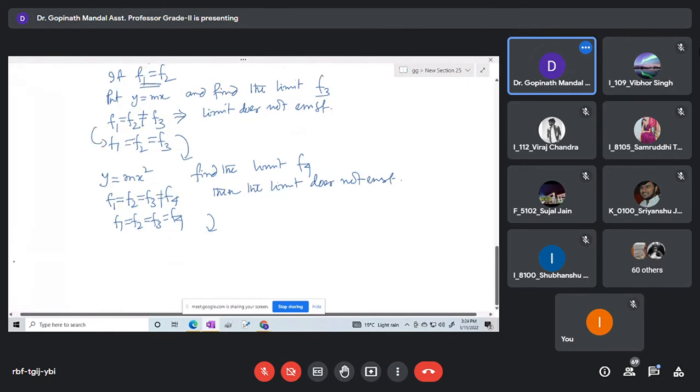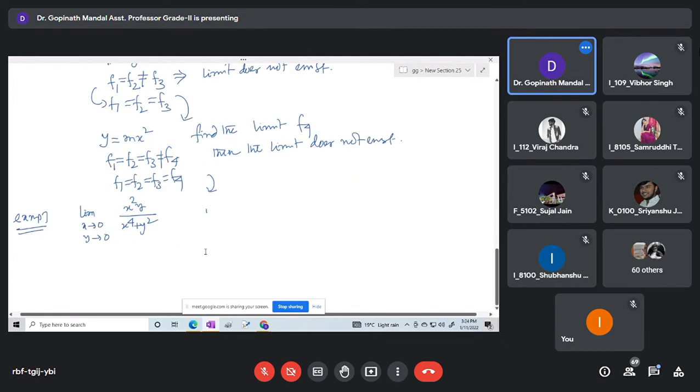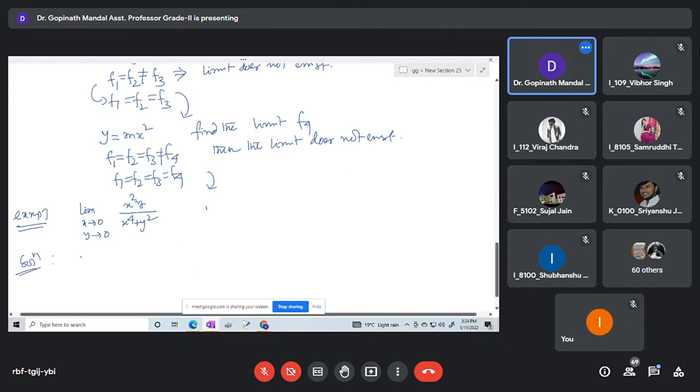Example. Evaluate the limit as x tends to 0, y tends to 0, of x squared y over x to the power 4 plus y squared. In the first step, put x equal to 0, so the limit y tends to 0 of 0 by 0 plus y square.